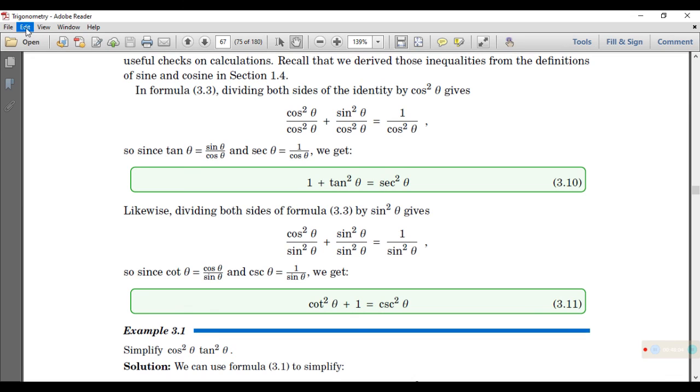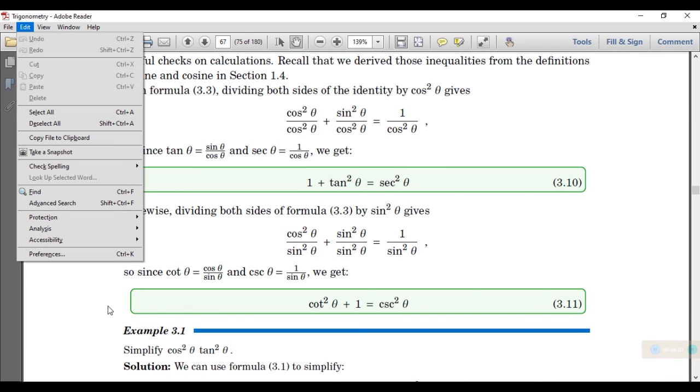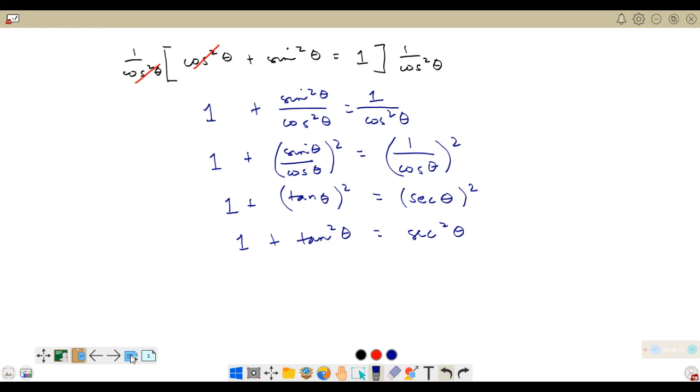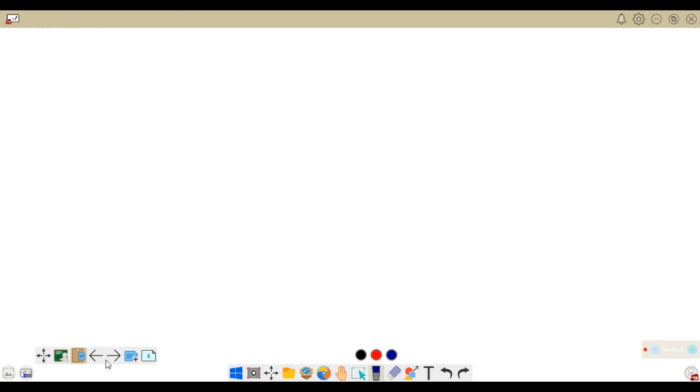Okay. Now, apply na tayo. Meron tayo isa ditong example. You have to simplify using the trigonometric functions identities that we've discussed earlier. Ayun. Yan. Simplify cosine squared theta tangent squared theta. So, this is equal to cosine squared theta times tangent squared theta.